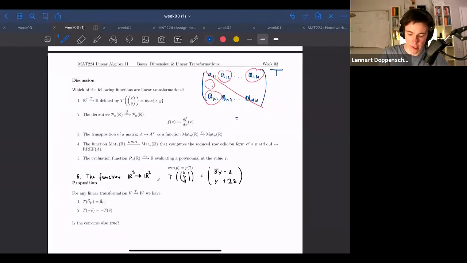Actually this is not the best way to define it. This is probably confusing, but let me just finish this and then I'll give another explanation. So now here you have an1 and here you have a1n, and the 1,2 that used to be up here is now down here.